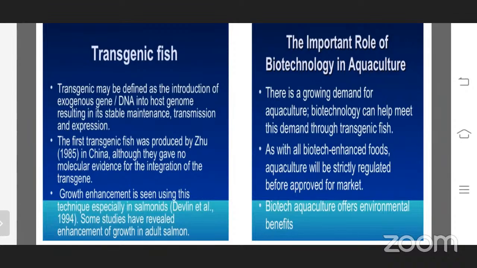The second thing is, the first transgenic fish was produced by Zhu in China, although they gave no molecular evidence for the integration of the transgene. The gene was practically introduced, but there was no useful result for the first transgenic fish.